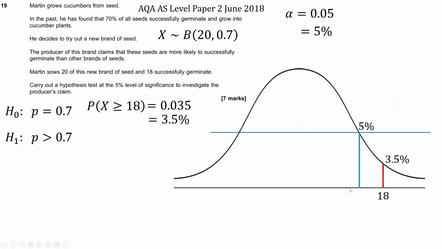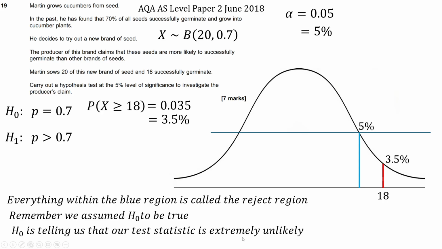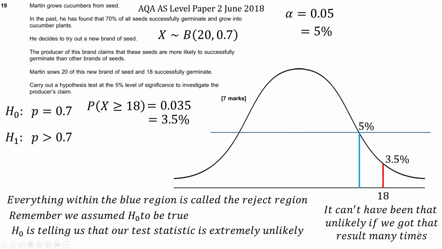Now everything within this blue region is the reject region. So everything that's within it, we reject. Remember we assumed H0 to be true, but H0 is telling us that this probability is extremely unlikely. Well, it can't have been that unlikely if we got that result many times, right?